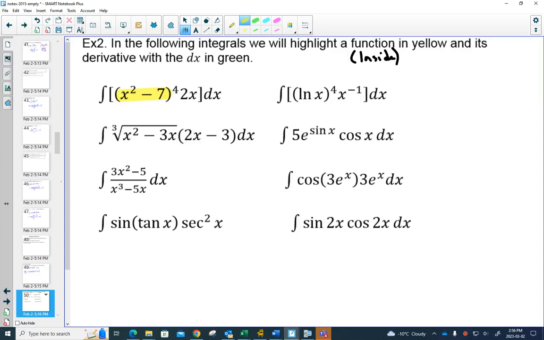So there is the function that's inside. Notice I didn't just highlight the x squared, I highlighted the entire inside function, and there's its derivative. x squared minus 3x is inside the cube root.